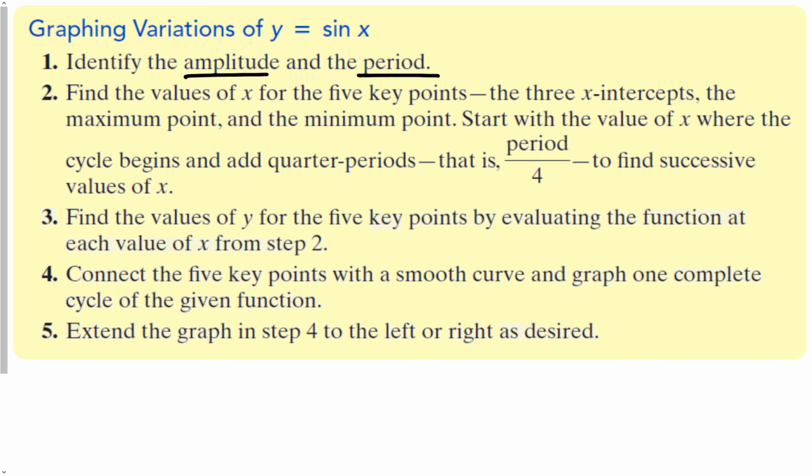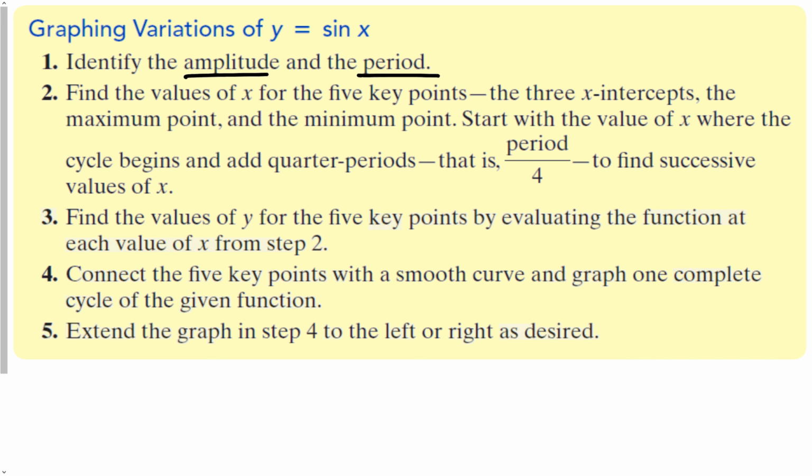Then find the values for x for the 5 key points. The function will always start at its phase shift. We haven't got to that yet, so for now we're just going to start at 0. Then the other key points will always be a quarter period later.